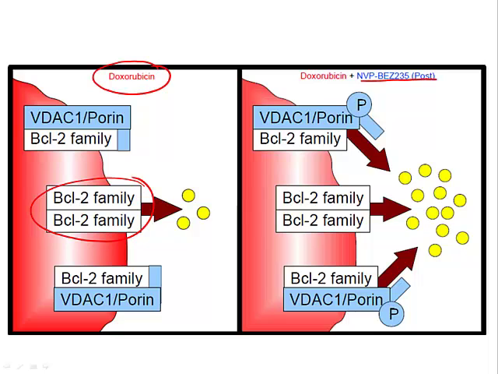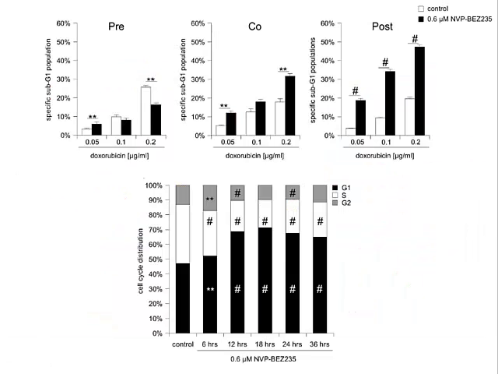VDAC is able to form pores with the BCL2 family, and so we get an increased release of cytochrome C. So basically, by inhibiting PI3 kinase signaling, the important event which occurs in neuroblastoma cells is we get increased destruction, if you want, of the mitochondria. We get increased release of components important for apoptosis at the level of mitochondria. And that's sufficient for the apoptosis to occur late on.